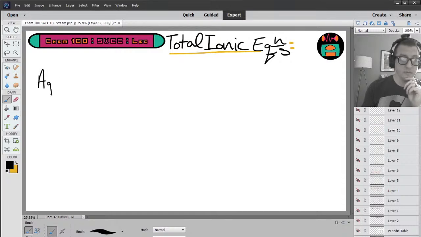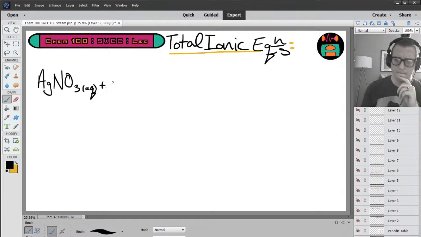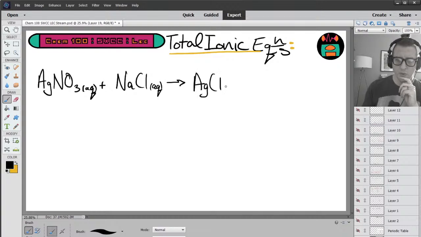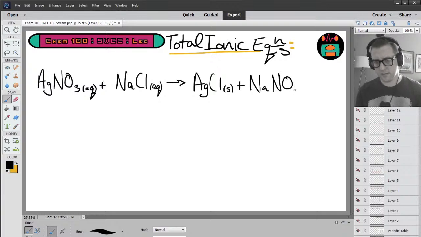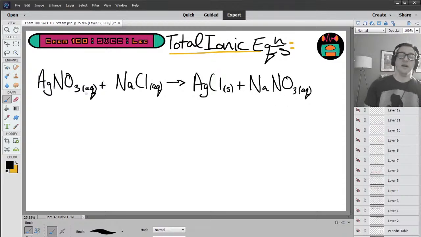So the reaction between silver nitrate and sodium chloride producing silver chloride and sodium nitrate. All right.